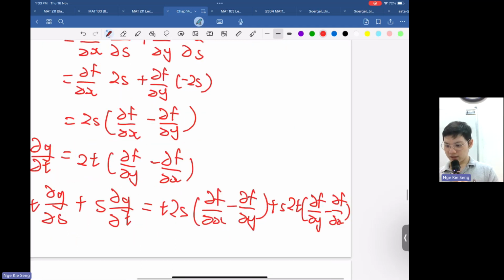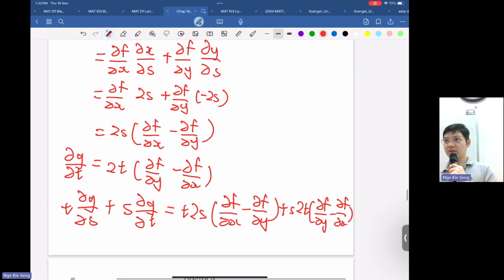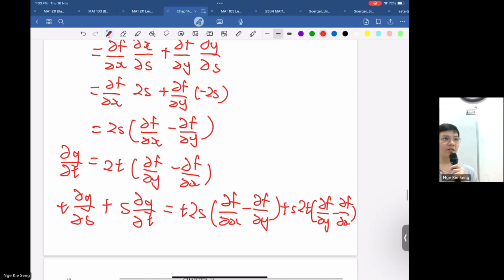Is this whole thing 0? They have the same factor, 2tx. What you need to check is whether the things inside cancel. Del f over del x cancels with minus del f over del x here, and del f over del y cancels with del f over del y here. So this whole thing is 0.